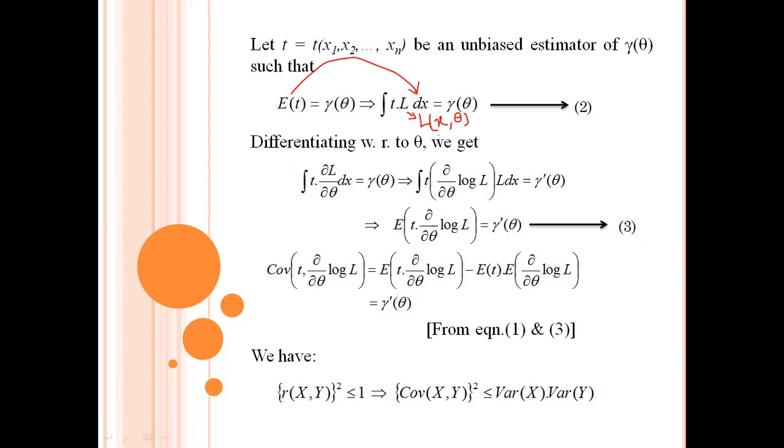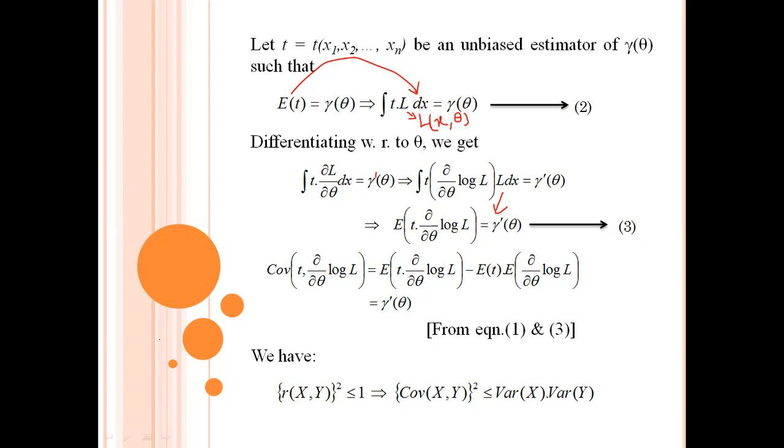So ∂L/∂θ dx equals gamma dash of theta. Then this one we are representing as ∂/∂θ log L. So according to the expectation formula, we write: expectation of T into ∂/∂θ log L equals gamma dash of theta.